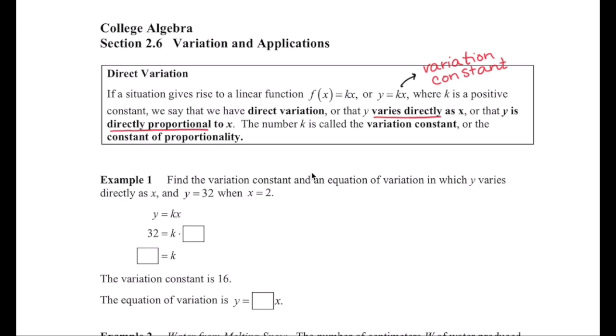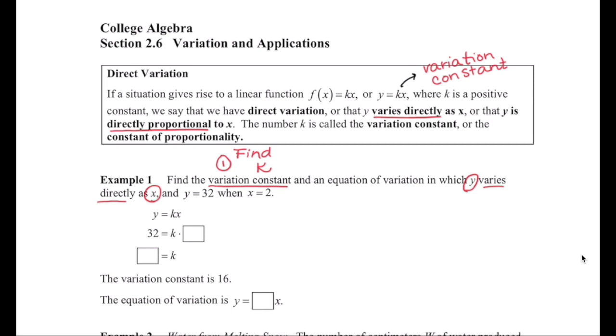When I look at example 1, it says find the variation constant. So we first need to find k, and an equation of variation in which y varies directly as x. So y varies directly as x tells me I need the equation y equals k times x.